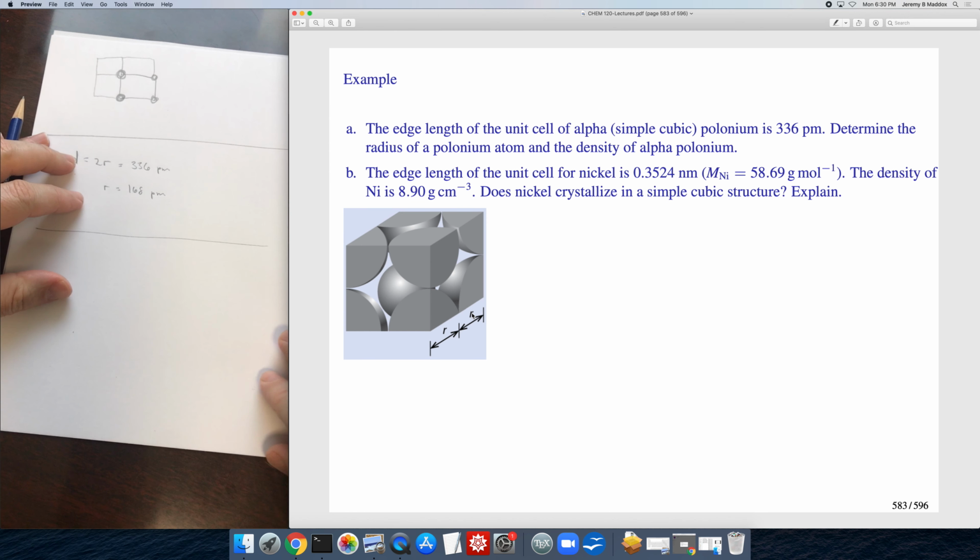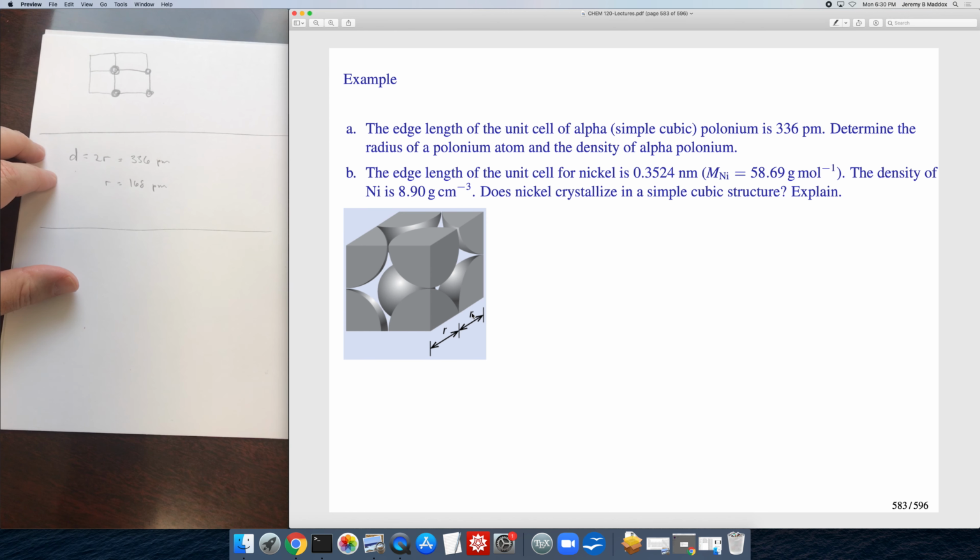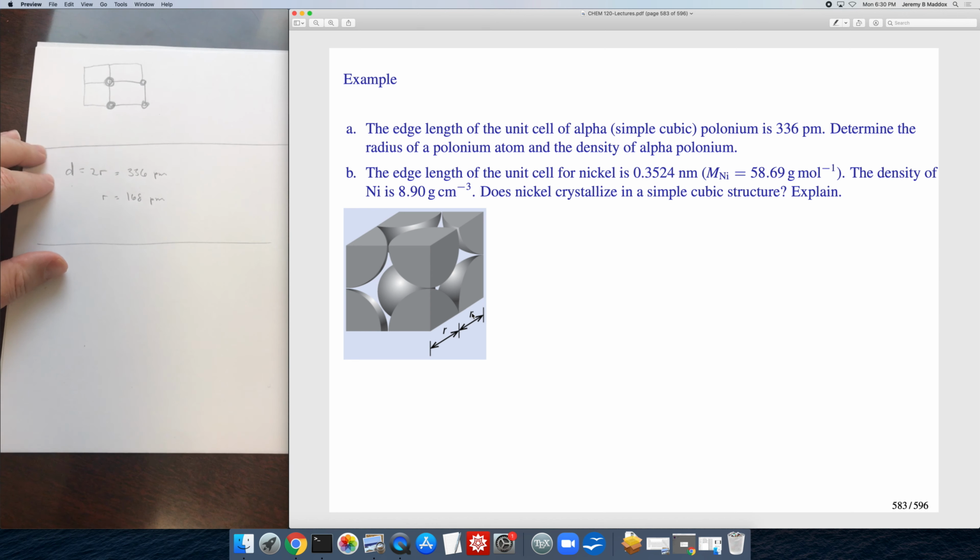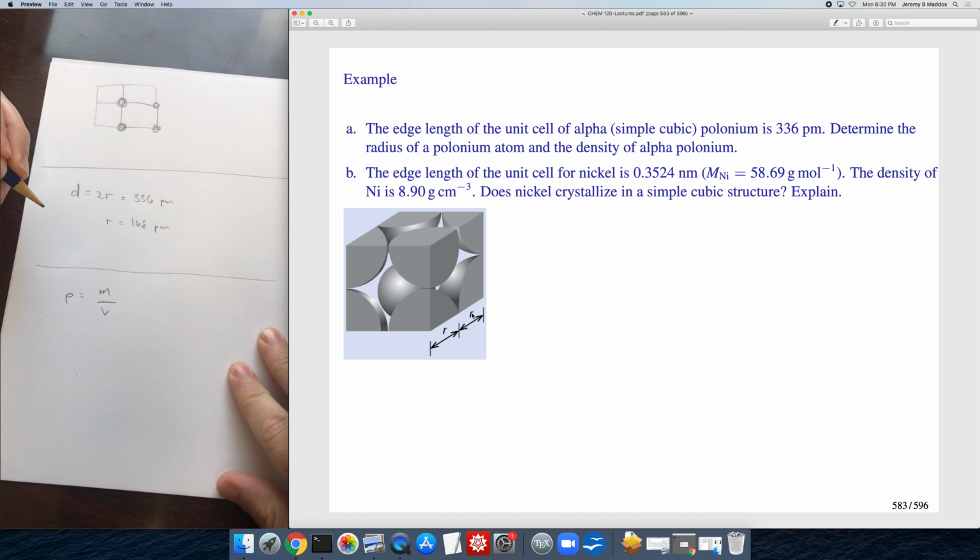For part B, the edge length of the unit cell for nickel is 0.3524 nanometers. Oh, we need to do the density of polonium. I'm sorry, we'll go ahead and do the density now. So the density, that's mass divided by volume. It's a simple cubic structure, so we know that there's one atom within the unit cell.